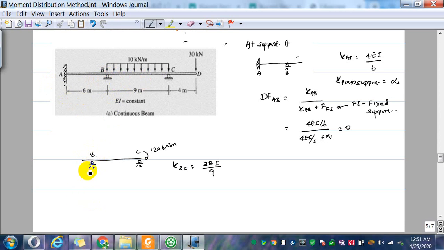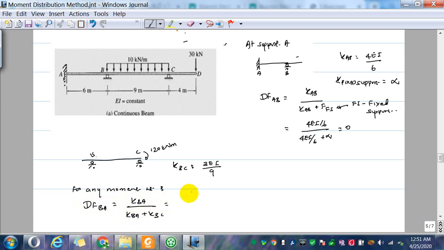So for any moment at B, distribution factor BA is KBA over KBA plus KBC.